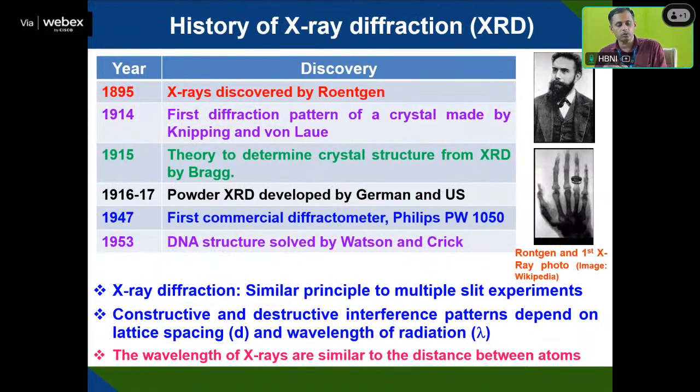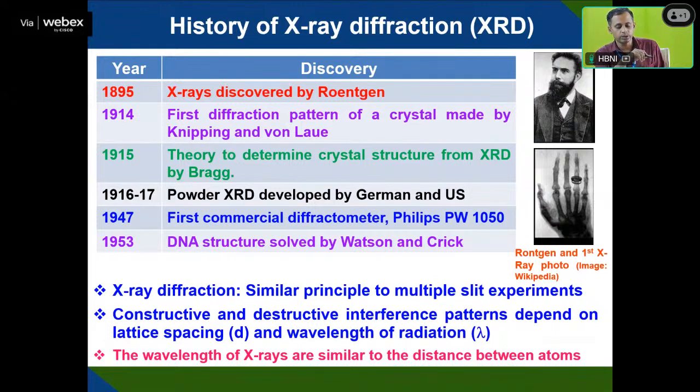Before going into the details of the full study of the X-ray diffraction pattern, we'll see a little bit about history and background. In 1895, X-ray was first discovered by Rontgen, and the first diffraction pattern of a crystal was made by Knipping and von Laue.